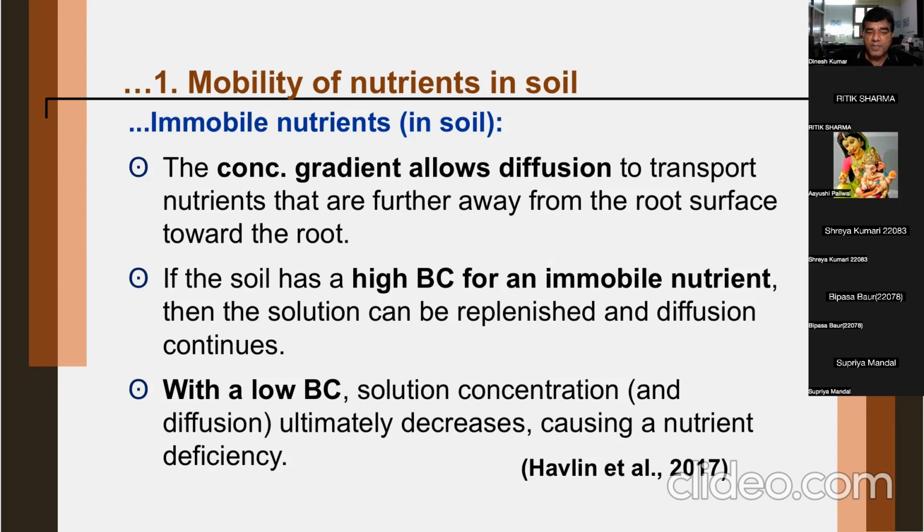With a low buffering capacity, solution concentration and diffusion ultimately decrease, causing a nutrient deficiency. So you can see that the movement of nutrients from bulk soil to soil solution is affected by base saturation or buffering capacity of the soil.